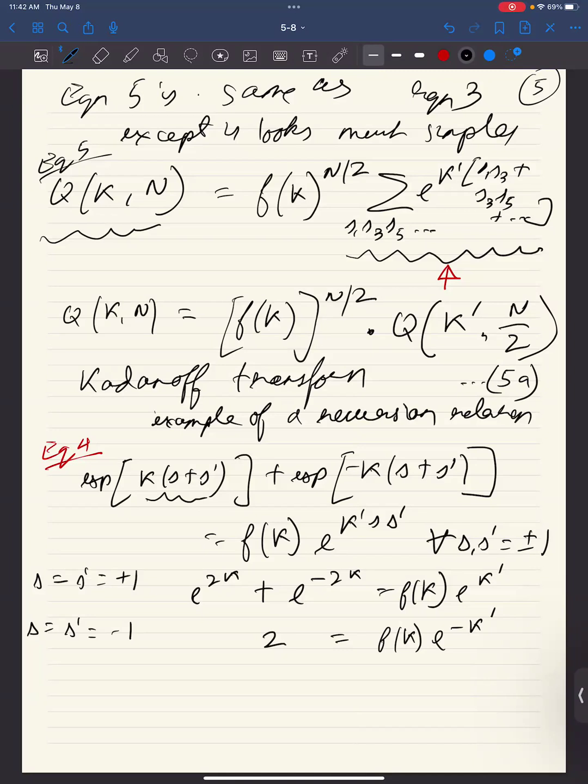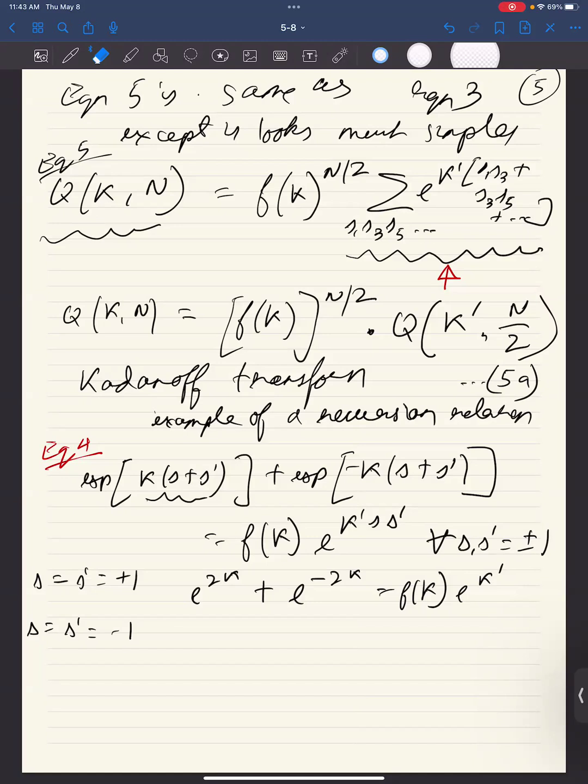No, I wrote it wrong. I should not rush, sorry. s equal to s prime equal to minus 1. That won't give me e to the power 0, right? s plus s prime is now minus 2.